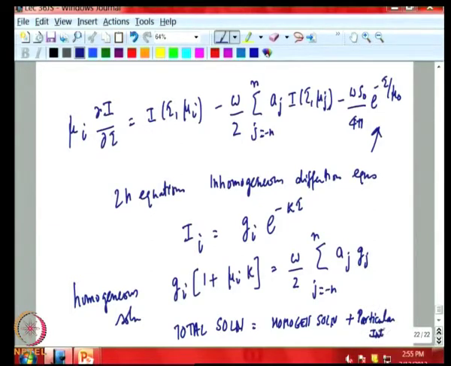All of you have done this kind of exercise, in which for a non-homogeneous differential equation, first you ignore the non-homogeneous part, solve the equation for the homogeneous part, you get one solution, then add the particular integral, which will ensure that the non-homogeneous term is taken into account. Okay.